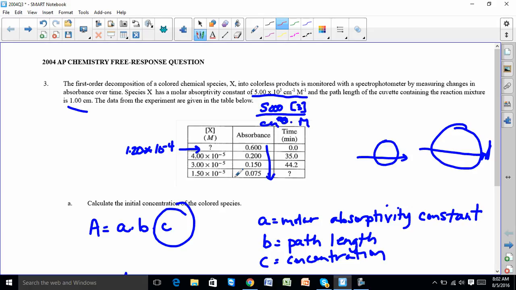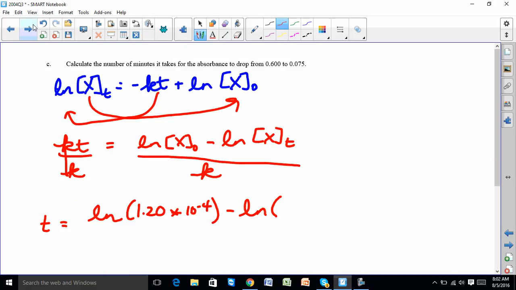It is 1.5 times 10 to the negative 5th. So then I have to put 1.5 times 10 to the negative 5th. And then that whole thing has to be divided by k, but I'm going to multiply by the reciprocal of k, which is 0.0313 over minutes.